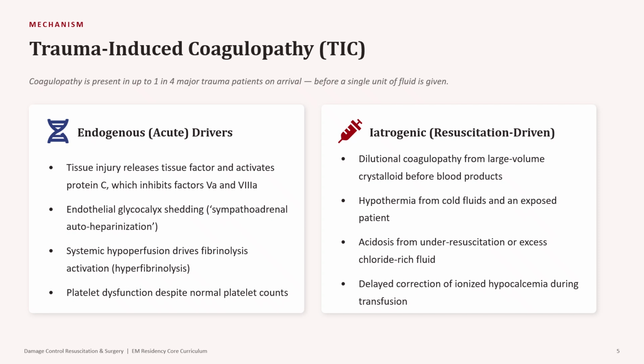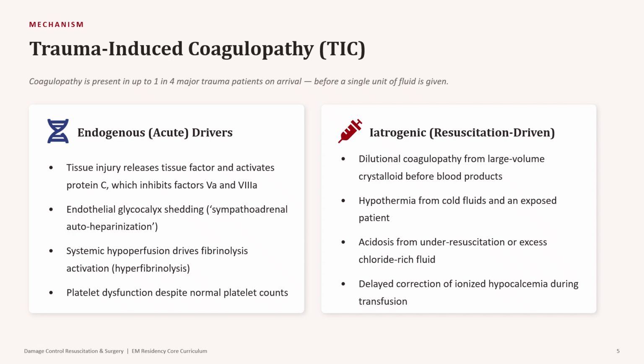So what are the iatrogenic causes that can lead to coagulopathy in trauma? As I described already, when you give large volumes of crystalloids before blood products, or blood products are neglected or delayed, these crystalloids are going to dilute the blood, leading to just increased volume of the blood. It doesn't supply any clotting factors. There is no increased oxygen carrying capacity in the blood.